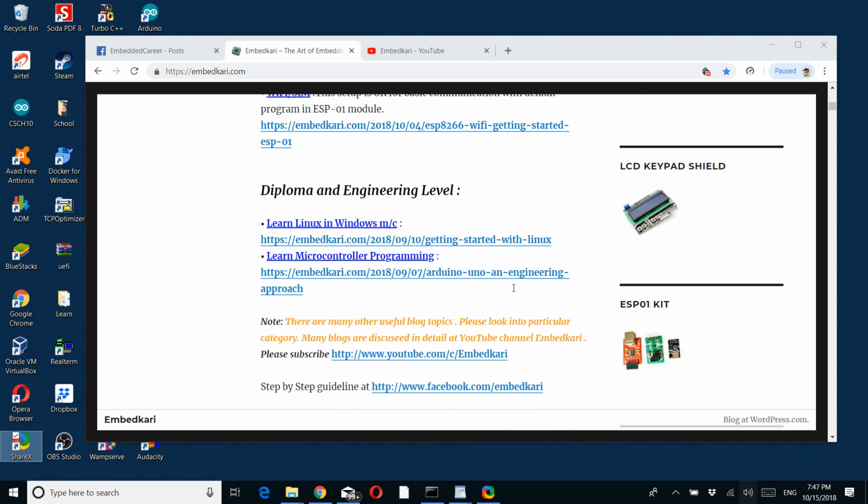And after that, for diploma, polytechnic and engineering level, I have provided a lot of videos, on learning Linux, learning microcontroller related things, and C++.